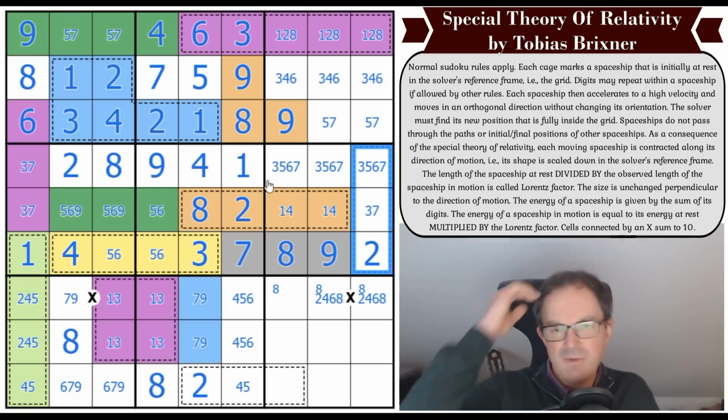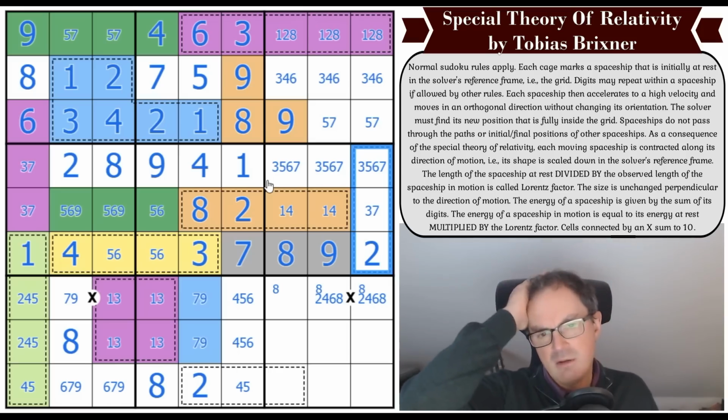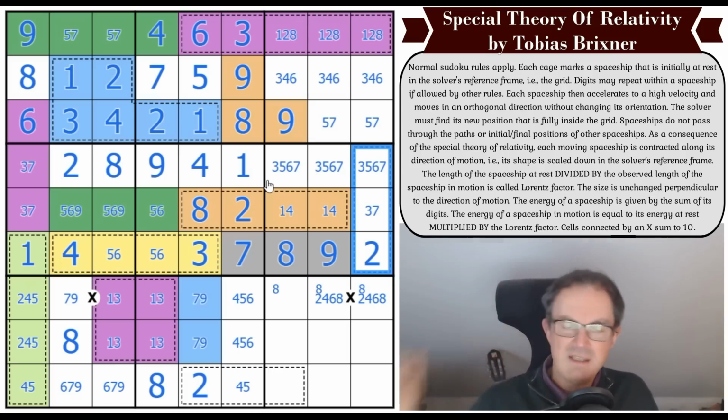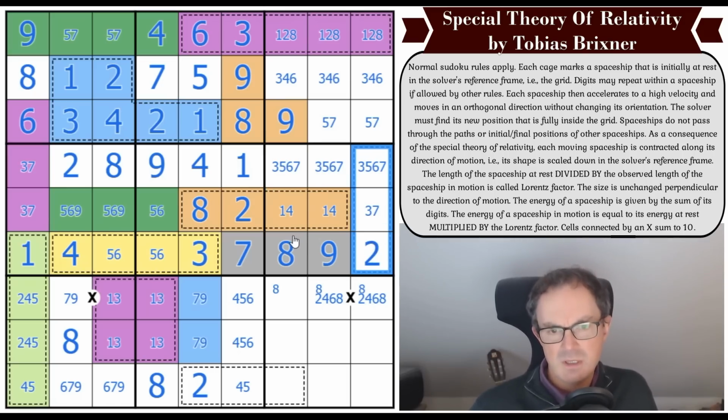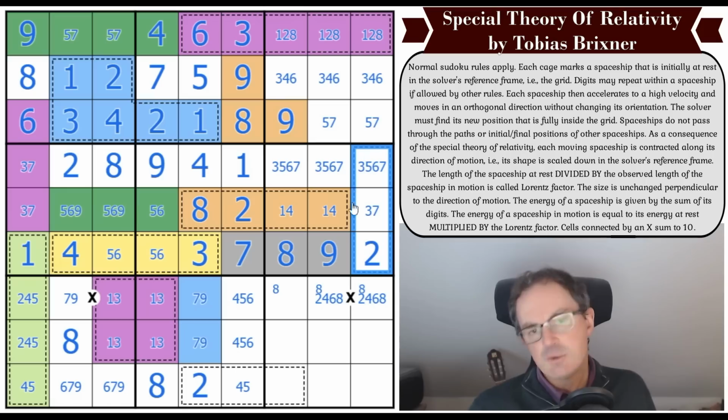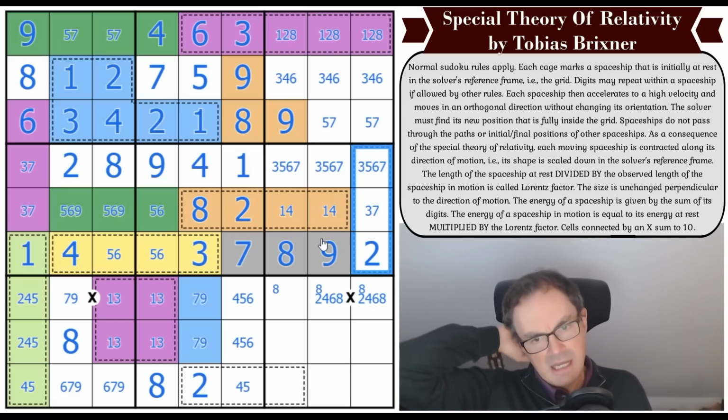Didn't we work out that this needed to be even? Am I going crazy? I thought I did think that needed to be even, because its Lorentz factor is going to be 3 over 2. So if this was odd, it wouldn't work. The other cage we would create couldn't add up to an integer.